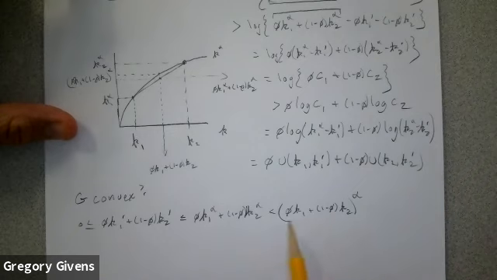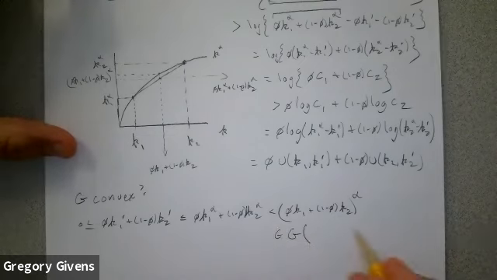This point here, phi K1 plus 1 minus phi K2 to the alpha, of course resides inside of the constraint set defined over phi K1 plus 1 minus phi K2, right?